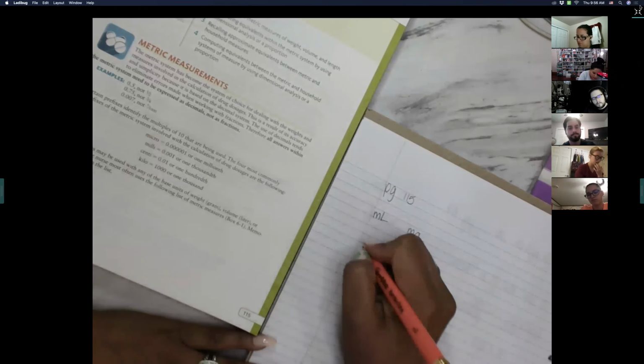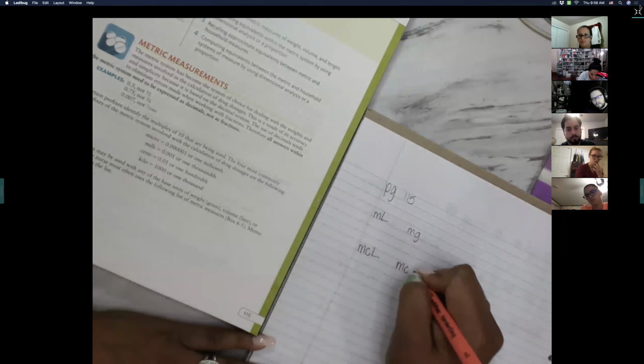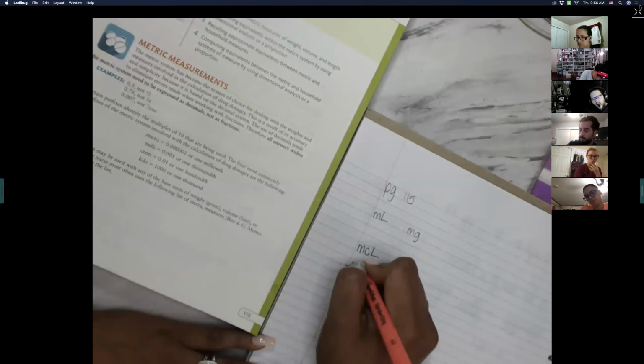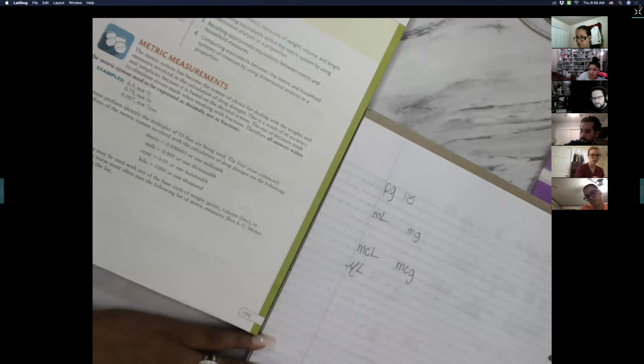When they are asking you for micro, you're going to see MC, microliter, MC, microgram, or you're going to see a funny Latin notation, and it's going to look like a cursive U almost.